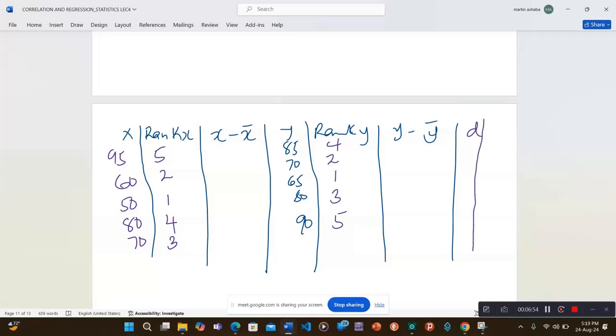After getting D, we need to also get D squared. For this D, you get the rank for X and subtract the rank for Y. So 5 minus 4, you get 1. 2 minus 2, I get 0. 1 minus 1 is 0.